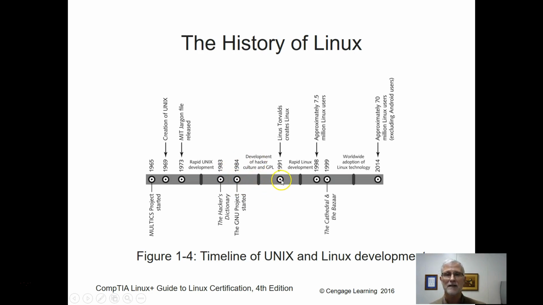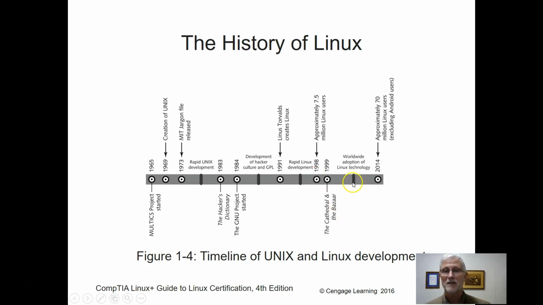Linus Torvalds created Linux back in 1991, and it took approximately 7 years to get its first million, approximately 7.5 million users in relatively 7 years. That's not too bad.